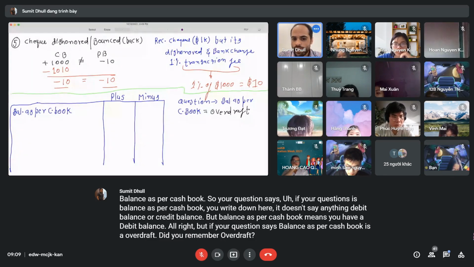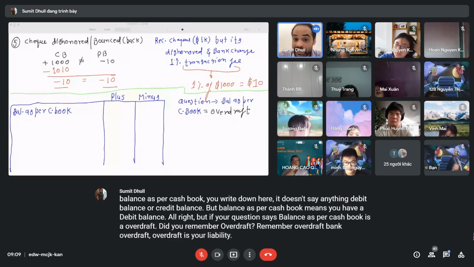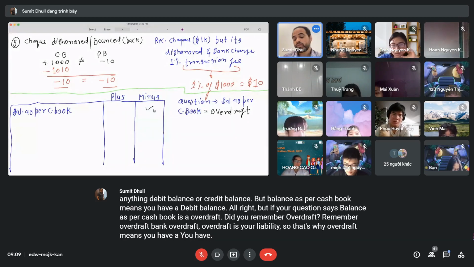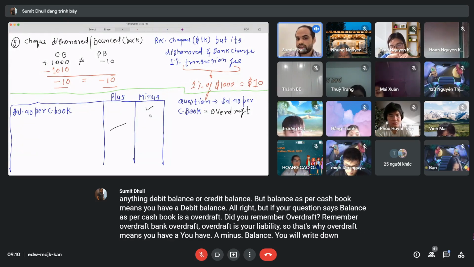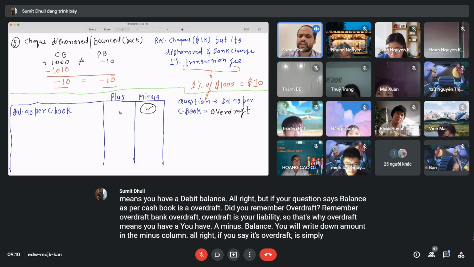Remember, bank overdraft is your liability. So overdraft means you have a minus balance. You will write the amount in the minus column. If it simply says balance as per cash book, you write it down here.